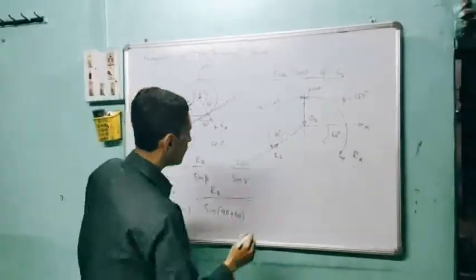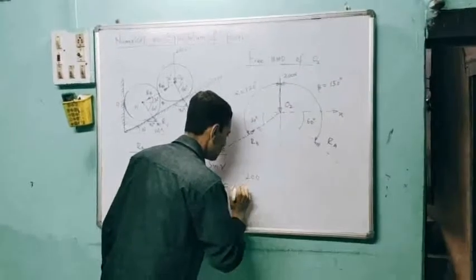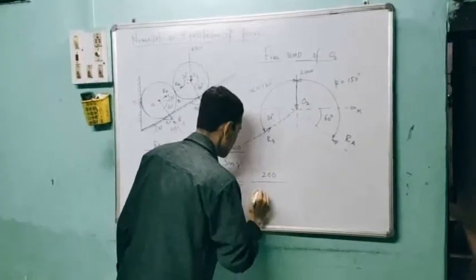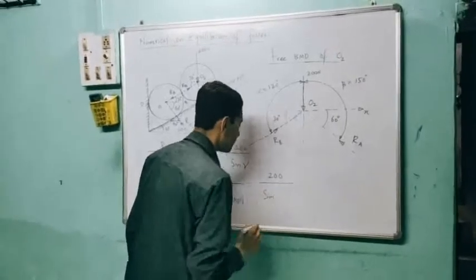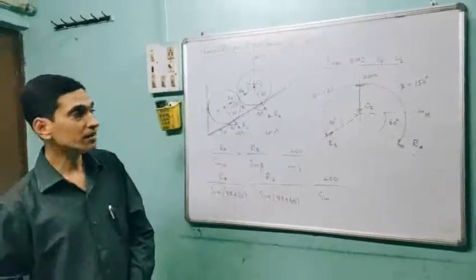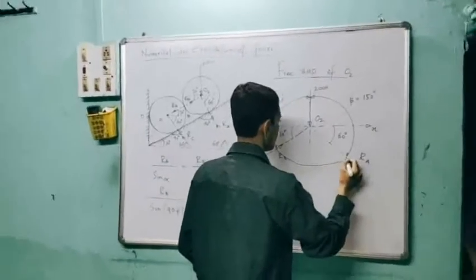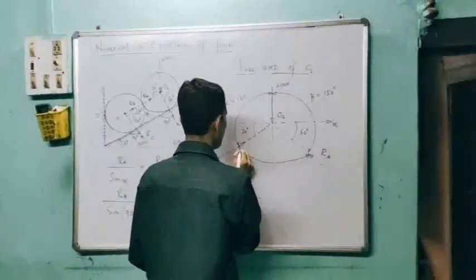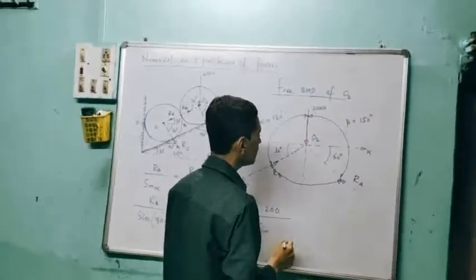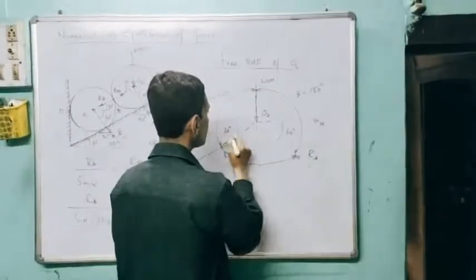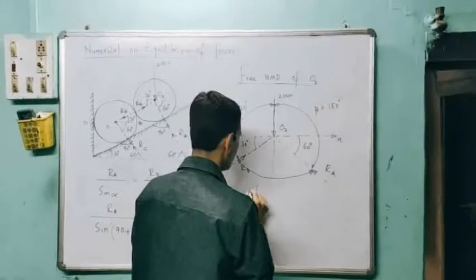Next, 200. 200 is the third force acting at the same point, divided by sine of gamma. Here gamma is the opposite angle of 200, measured between RA and RB. How to measure it? Out of 180 you deduct these two angles, that gives gamma.